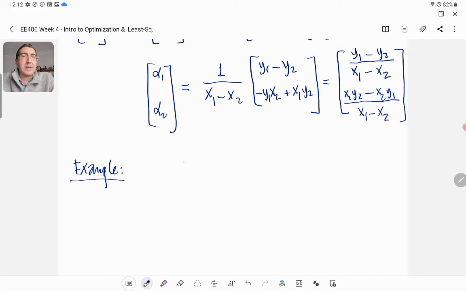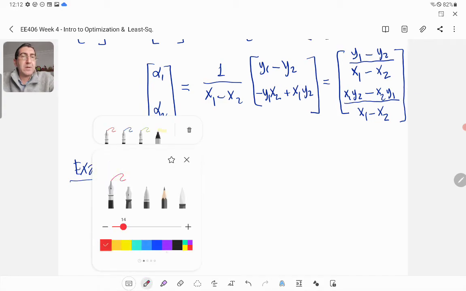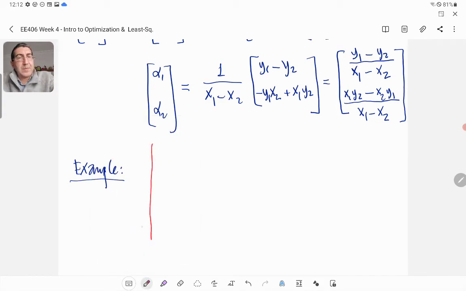Okay, so here's a line. So let's say that we have 1, 2, and 3 here, and we have 1 and 2 here.